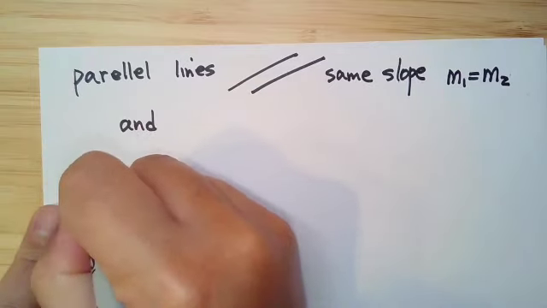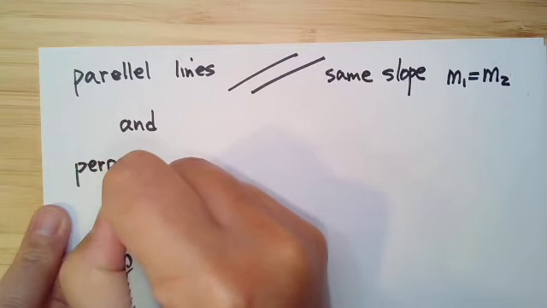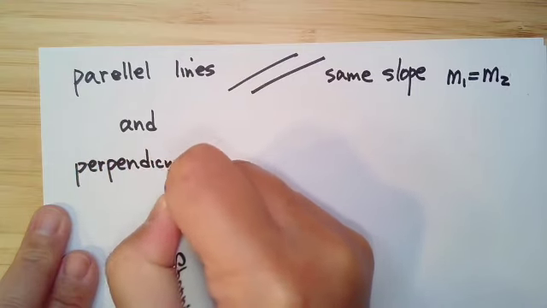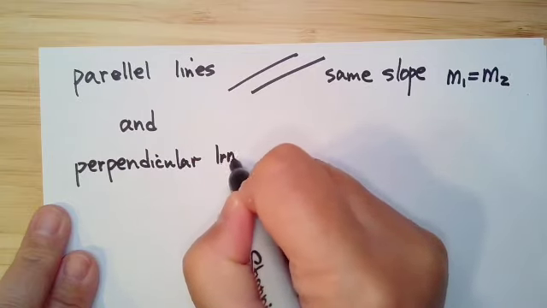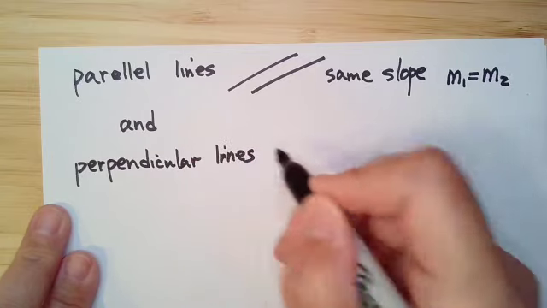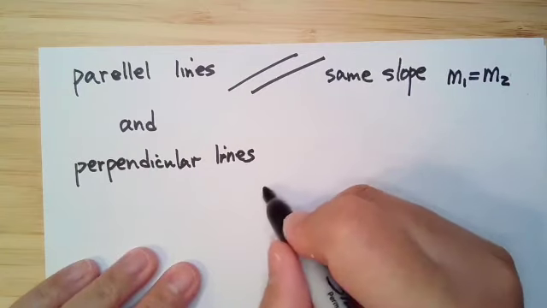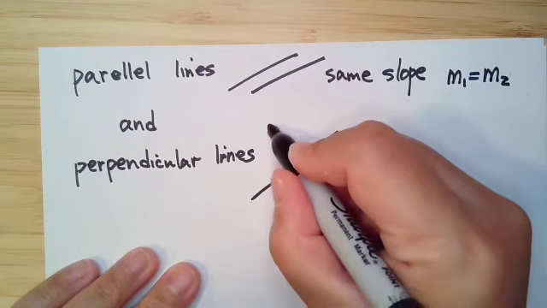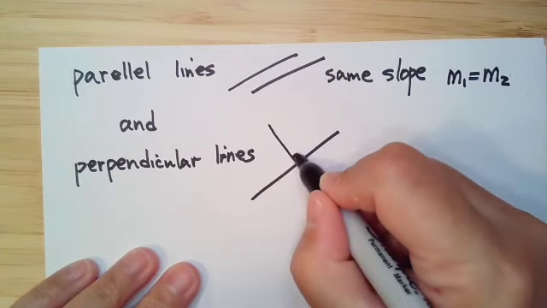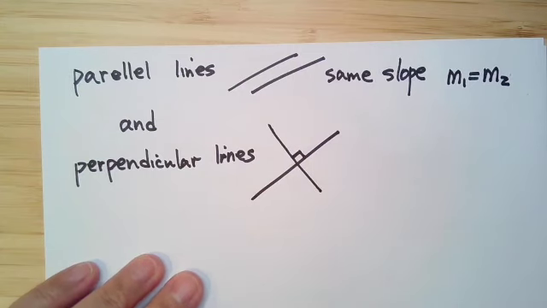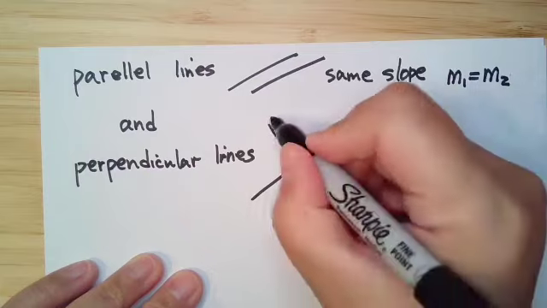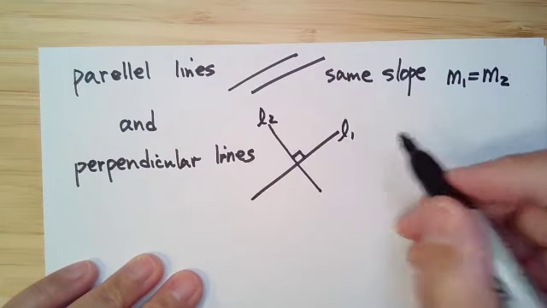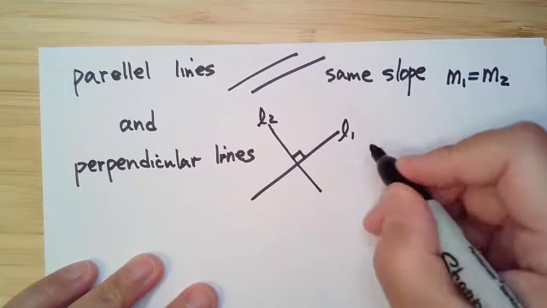The other one is called perpendicular lines. Perpendicular lines, this means there's a line 1 and here's a line 2, and they form a 90 degree, which is like a right angle. So this is line 1, this is line 2. And what is the relationship between their two slopes?